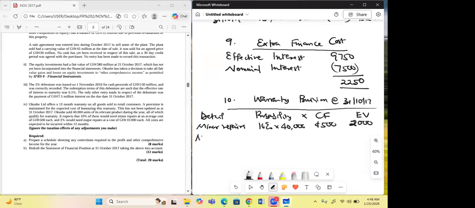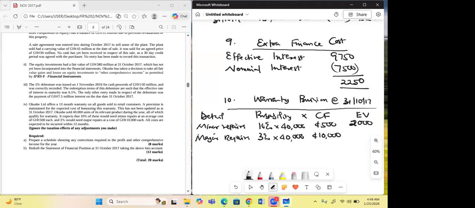Then our major repairs. What percentage will require major repairs? 3%. So 3% of the 40,000, that's the probability, and the cash flow associated with it is 10,000. 3% of the 40,000 gives you 1,200, times the 10,000, that will give you 12 million.